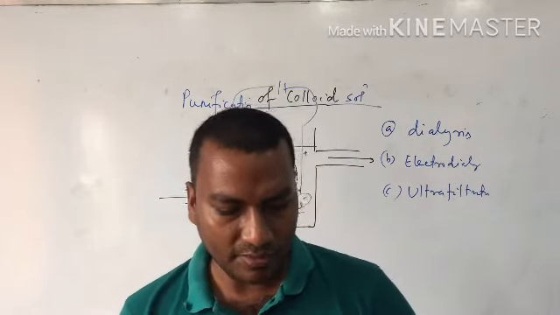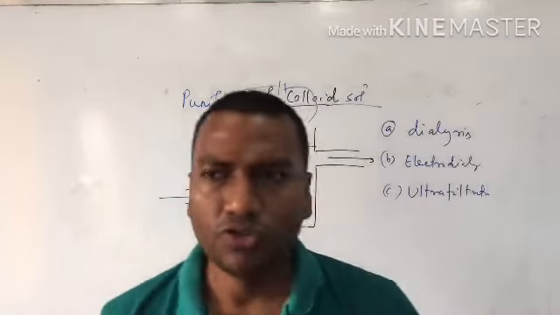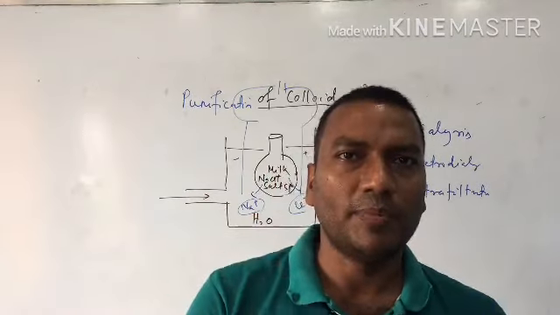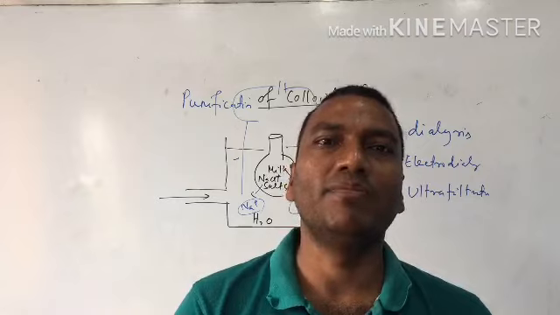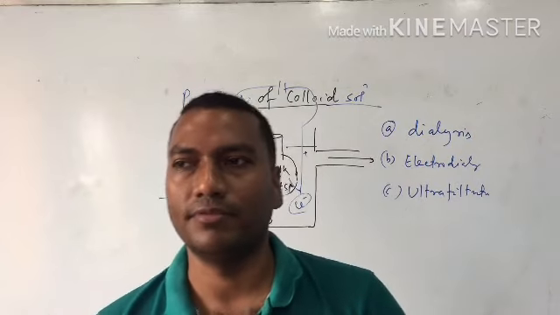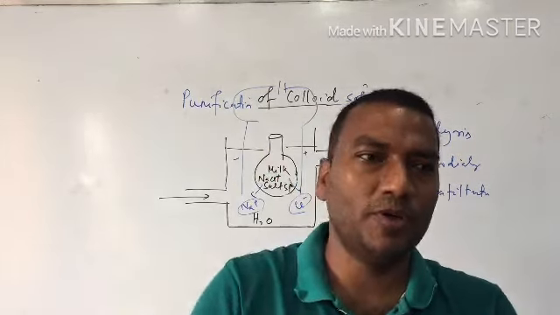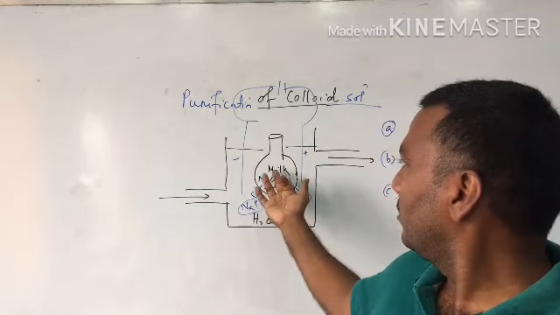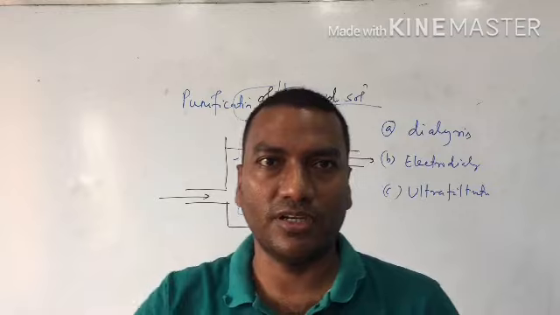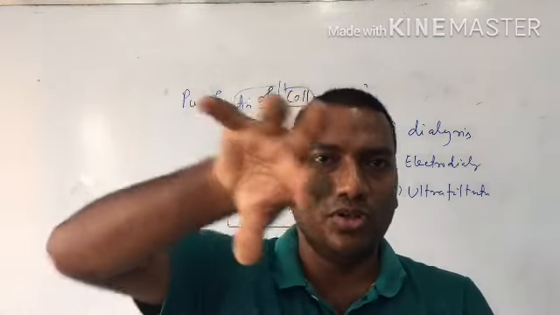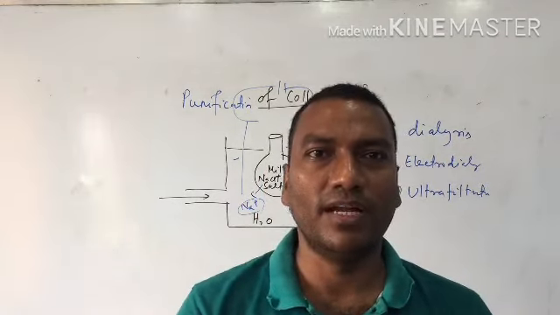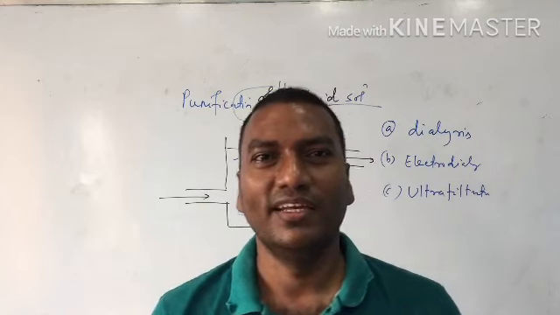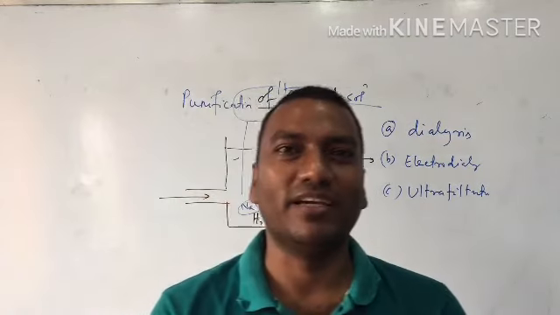Next, what is the meaning of ultrafiltration? First I will give an example. In the normal filter paper you have seen, called Whatman filter paper, which is present in our lab, if you put it inside a funnel and add milk and salt solution, everything will be transferred to the beaker.